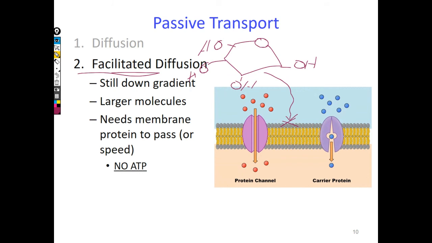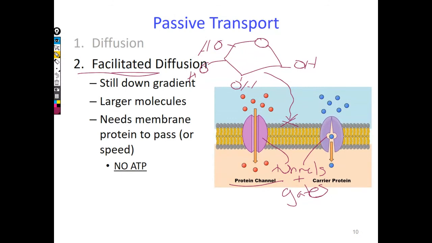Okay? The help in this case comes about in the form of our favorite biomolecule, proteins. Okay? Proteins in this case embed themselves on our phospholipid bilayer, our plasma membrane, and act like tunnels or gates. These tunnels and gates are much larger openings.